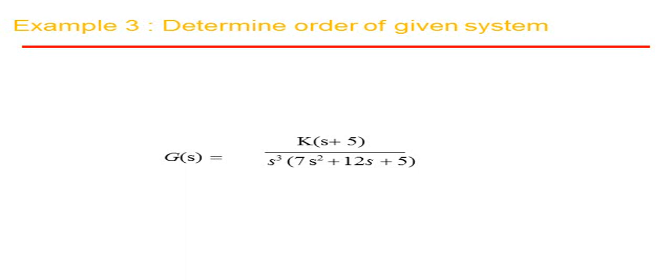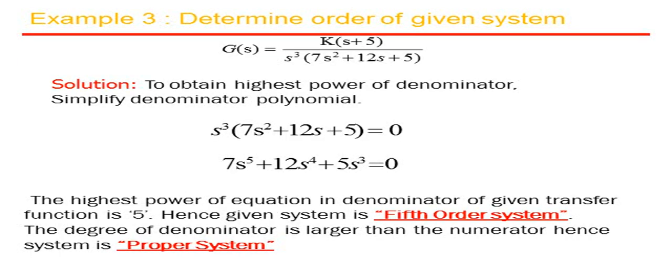Next example, determine the order of the system. For determining this, you have to expand it. In the denominator you have to multiply the bracket by S cube, then you will get 7S raised to 5 plus 12S raised to 4 plus 5S cube. As you can see, the highest power of S is 5.